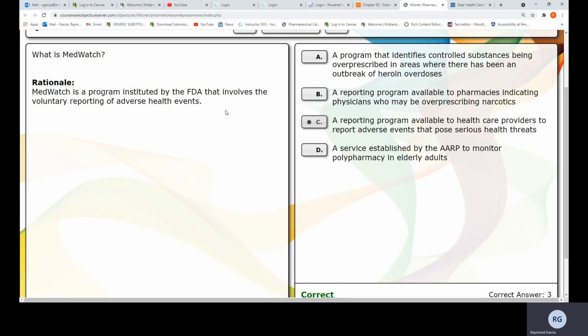So MedWatch is a program instituted by the FDA that involves voluntary reporting of adverse health events. Okay. That's new to me.